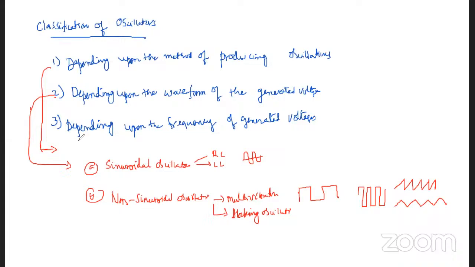So this is one type of classification we have seen. The third one is depending upon the frequency of generated voltages. We measure what frequency the oscillator produces in the output. An oscillator that produces audio frequency waveforms is called an AF oscillator.